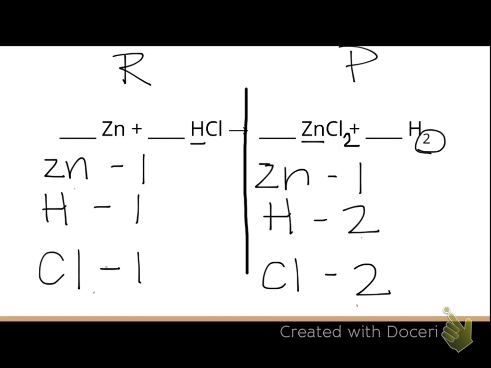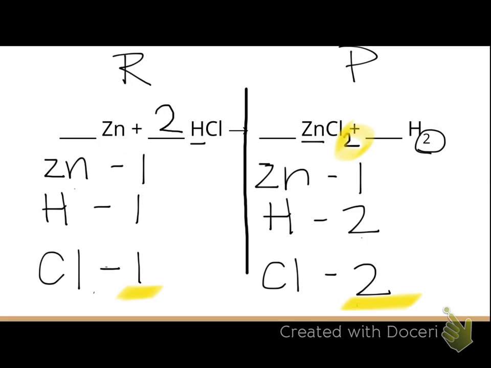So what I'm going to do, I'm going to save my hydrogens for last. I'm going to change something to make my chlorines equal. Now remember, I cannot change this value right here. I have to keep that the same. So this is going to be 2. But what I can change is the value of this 1. The way that I do that is I put a 2 in front of here.